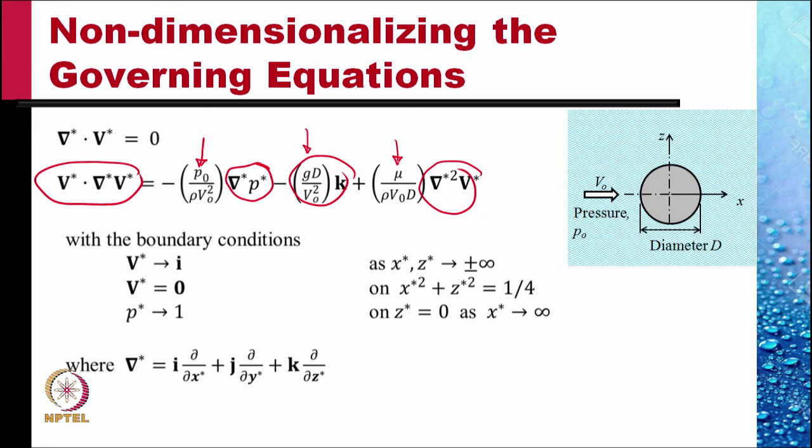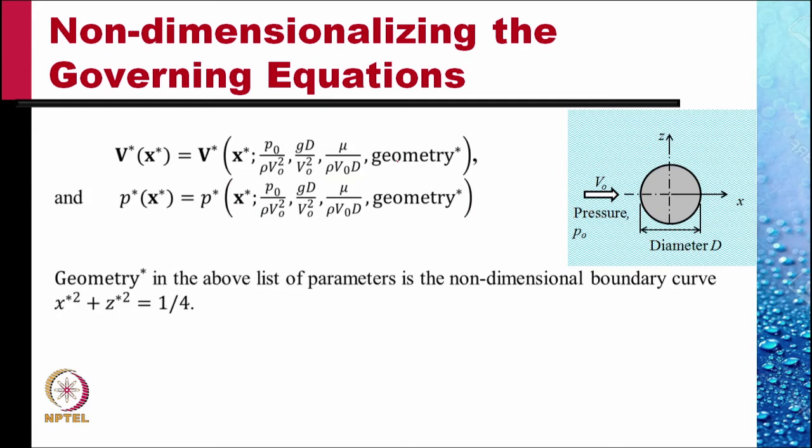Now you notice that there are only 3 groups of independent parameters: P naught by rho naught V naught square, g D by V naught square, mu divided by rho V naught D. There are only these 3 parameters. So if we were to write the problem, it would be like this.